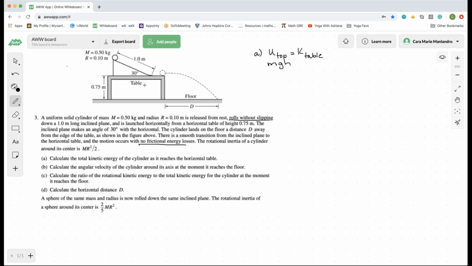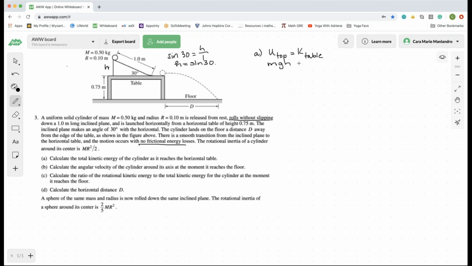Okay. So now here is the fun part. So we don't actually know what h is, do we? So I'm going to label this as h. All right, and I know that sine of 30 is equal to opposite over hypotenuse, so that's h over 1. So h is going to be equal to sine of 30. Is everybody with me there? Awesome.